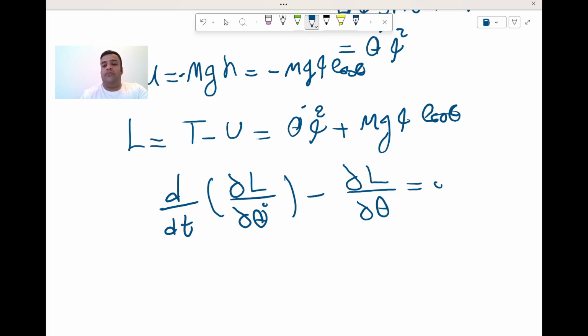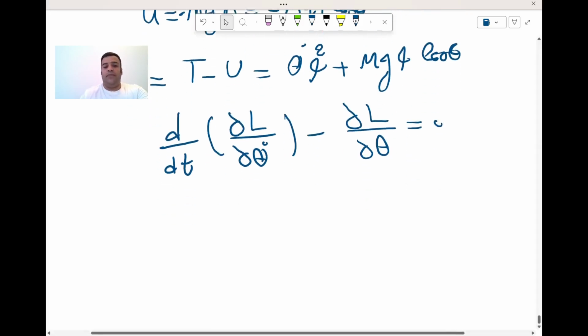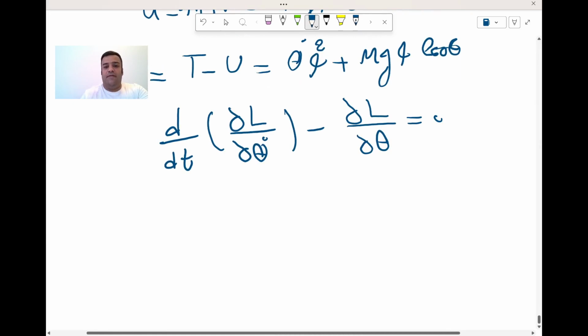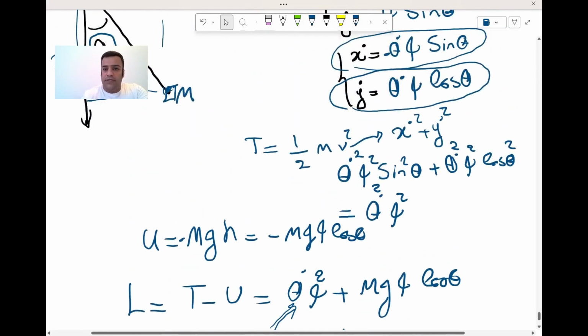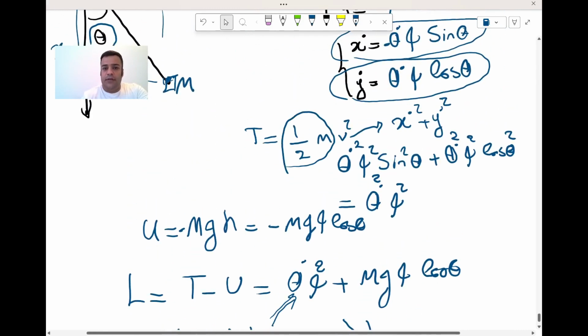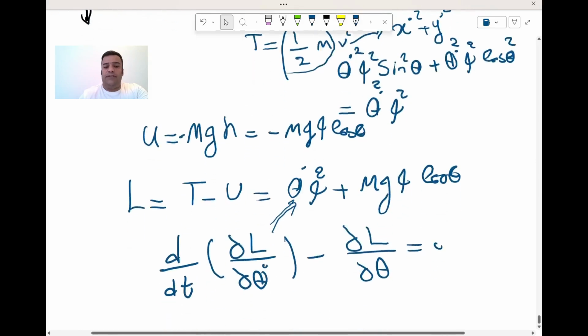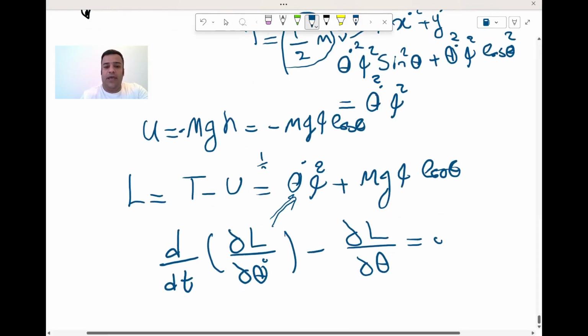We must produce this formula. First, we take the derivative with respect to theta dot. Also, we had 1 over 2 m here, because T has 1 over 2m, we must add it here. Yes, I had a little mistake.